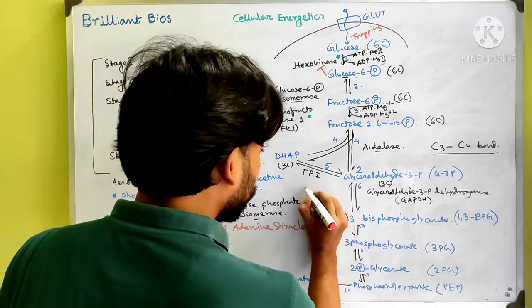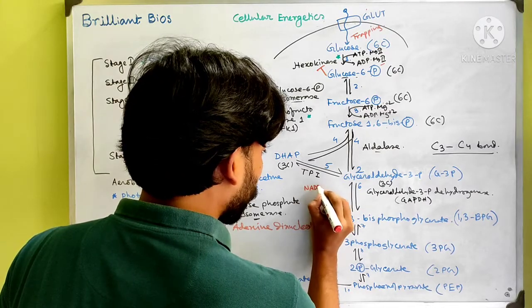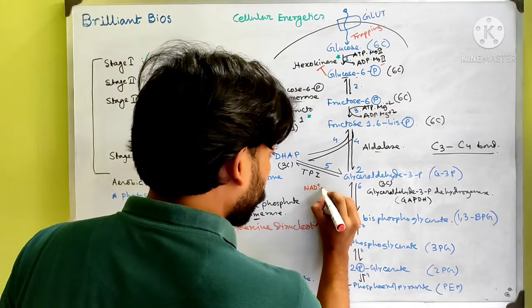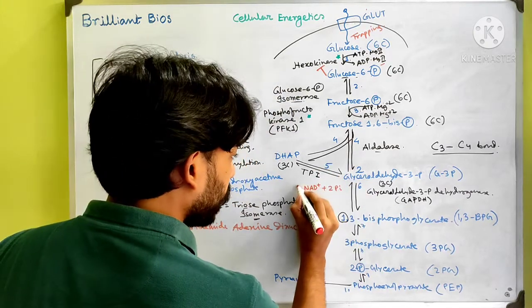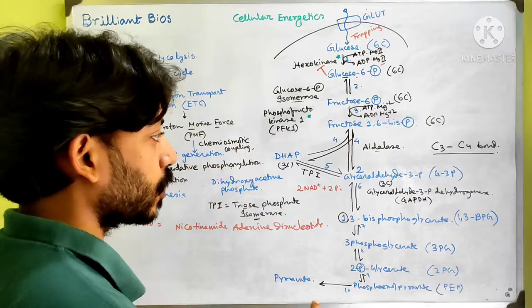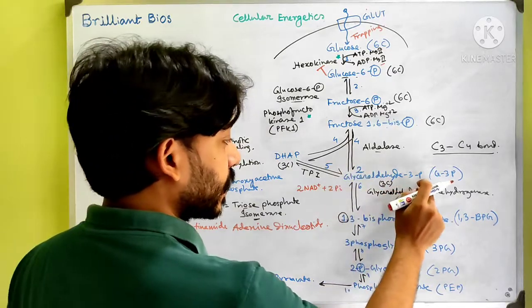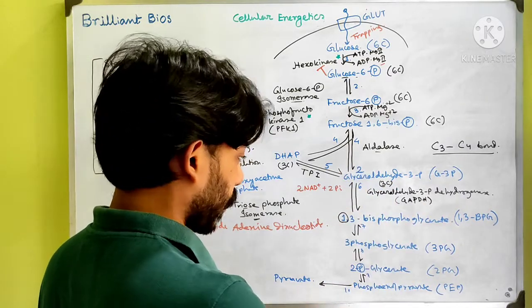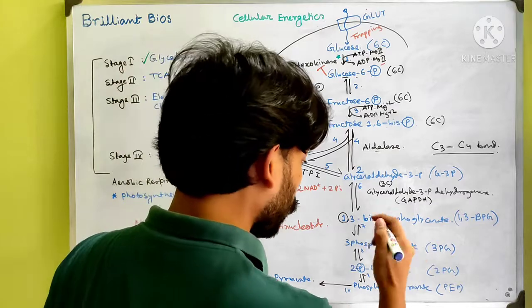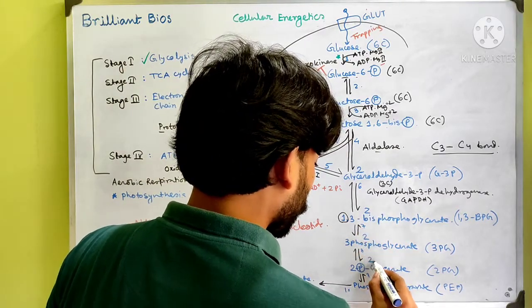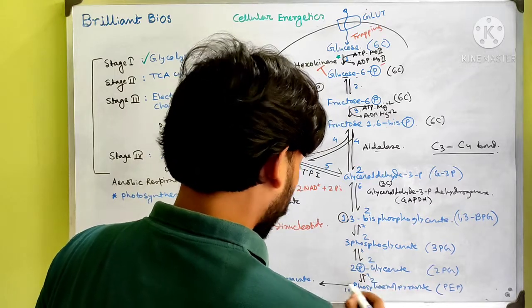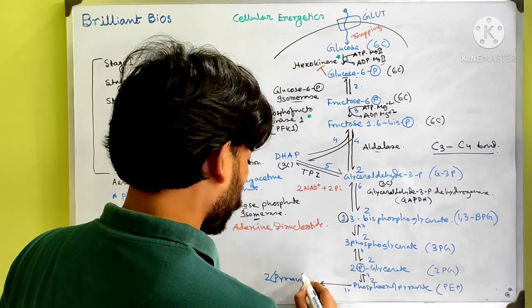The reaction is here NAD plus 2 Pi inorganic phosphate, and remember these are 2 NAD plus because here 2 phosphoglyceraldehyde is present. So I have to write all these molecules 2, that is these molecules remain 2, these molecules will be 2, and this 2-pyruvate you have to remember.